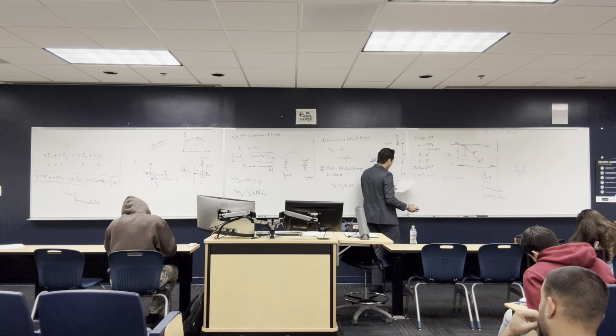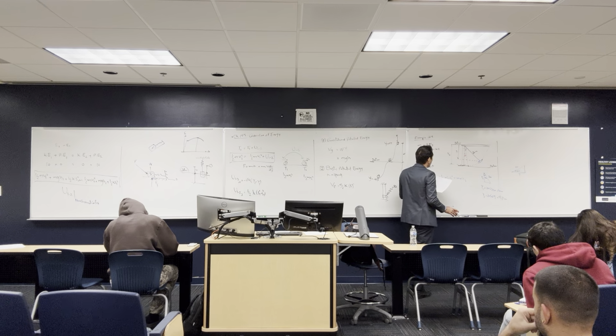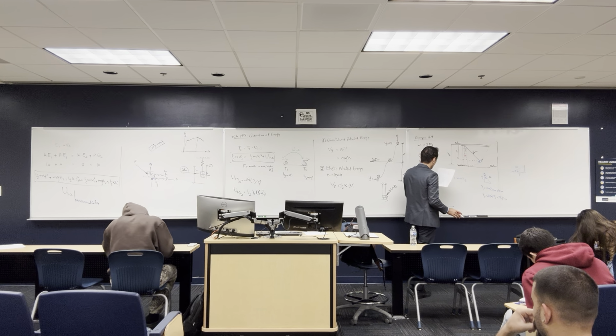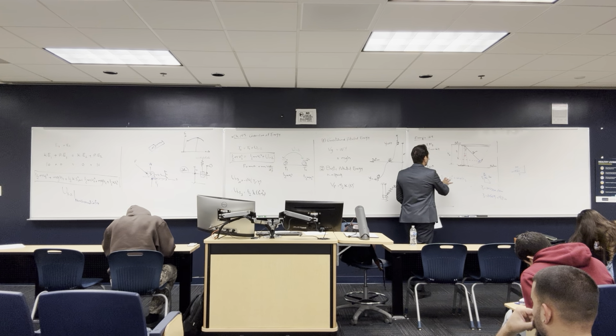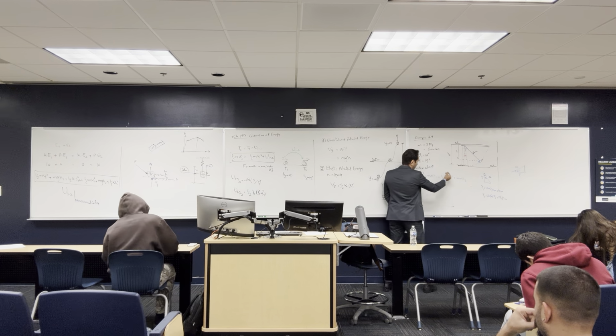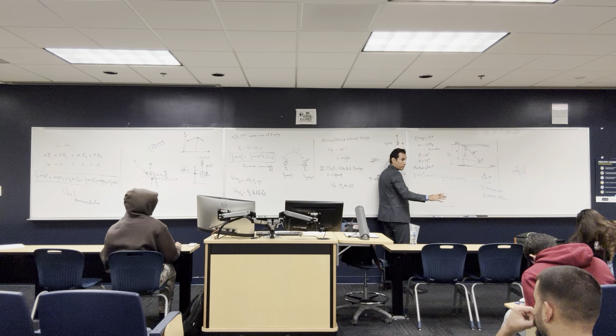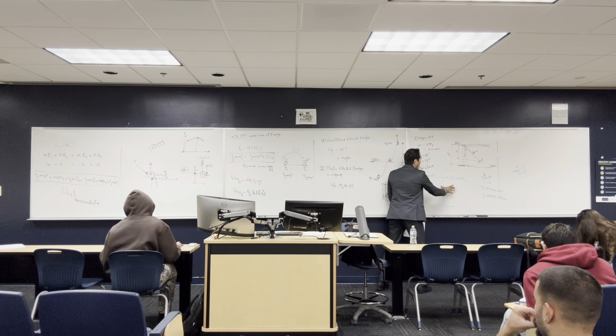I did something different here, but let's solve it with the datum. I sent this to the other side, and I said mg(h1 minus h2). It's the same thing, and this is going to give you the same answer.